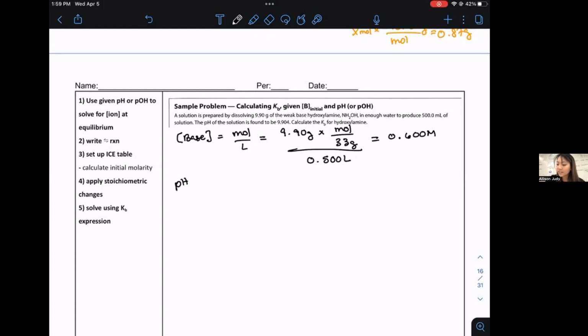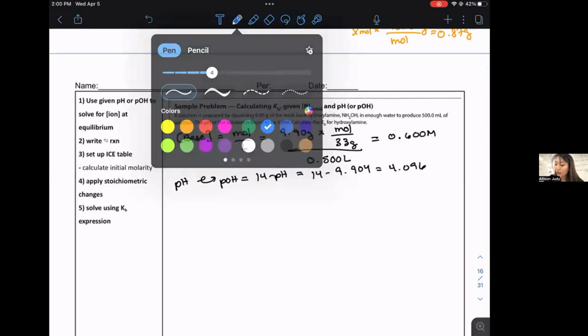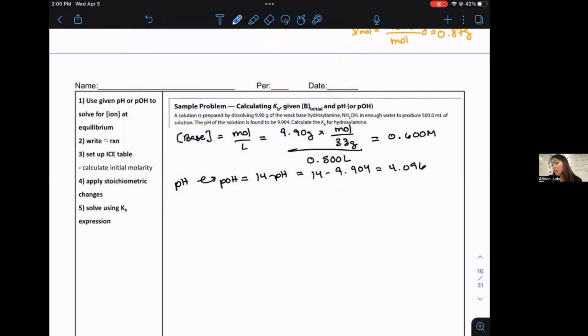So if I have the pH, I can find the pOH, which is equal to 14 minus pH, which is equal to 14 minus 9.904, which is equal to 4.096. Now I can work backwards and say, if I know the pOH of the solution once mixed, then I also know the concentration of my hydroxide ion at equilibrium, given that it's going to be 10 raised to the negative pOH.